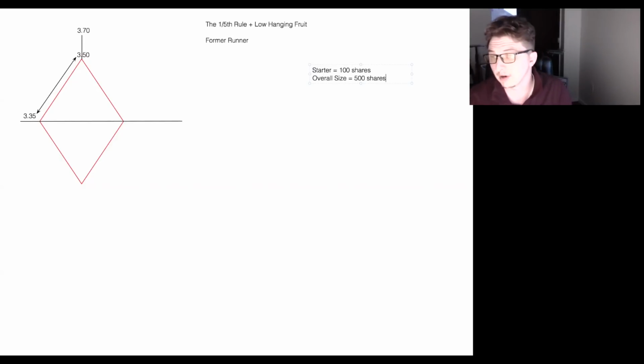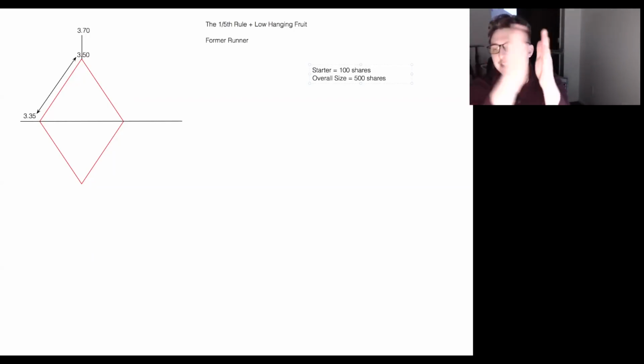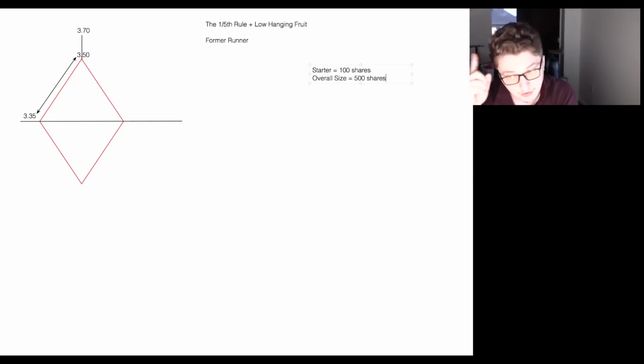See, 1/5, right? 500 divided by 5 is 100. So I let my starter size dictate my overall position. Now, there are times when I break that rule, but that is on the back side on confirmation.